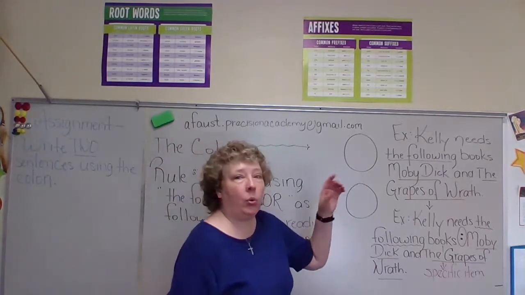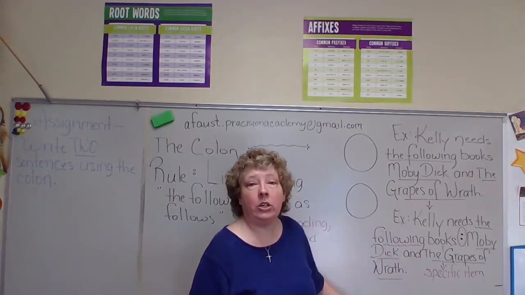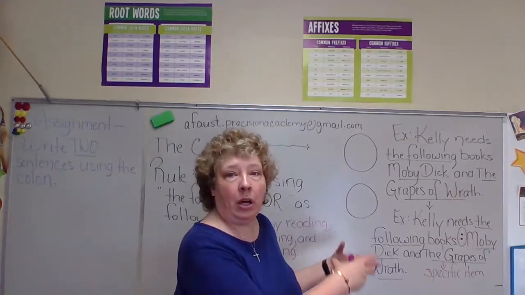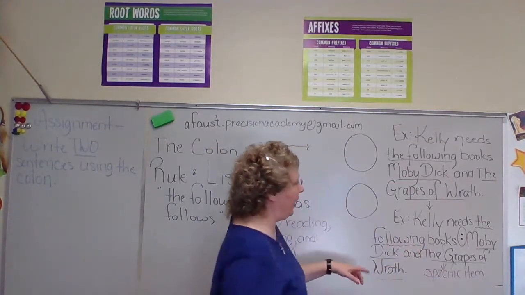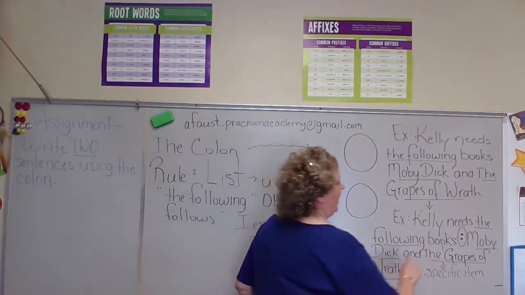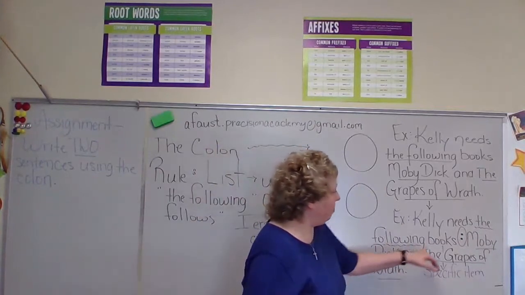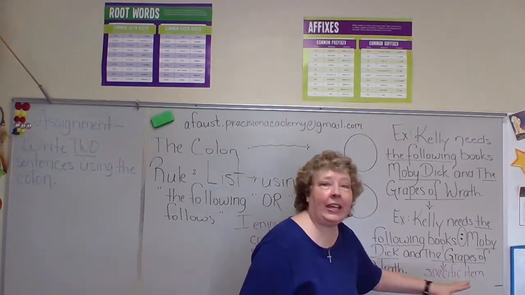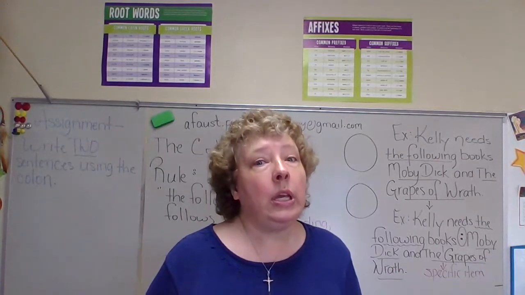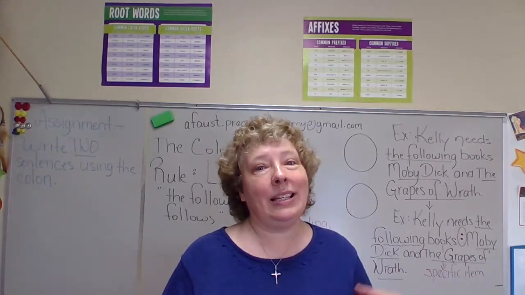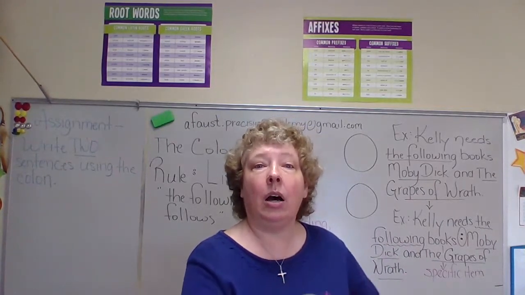Okay, so let's go down to this version, this example. Okay, Kelly needs the following books. So we have the phrase the following, correct? Books, a specific item. So your reader will know that he or she will get titles of books.